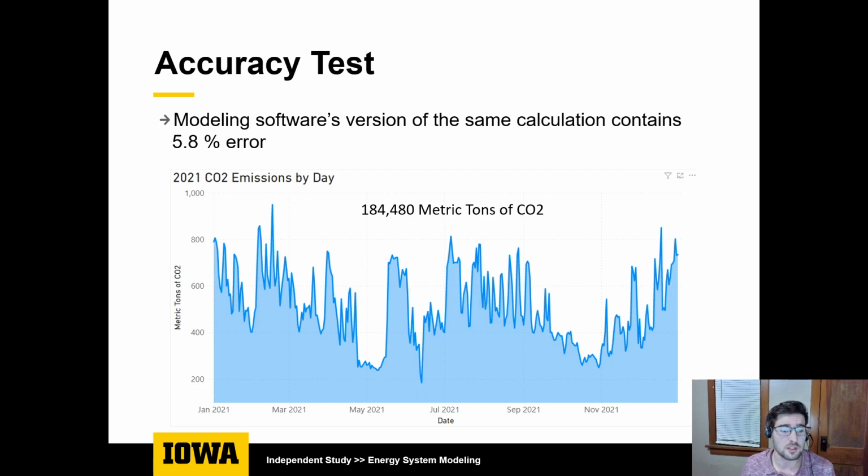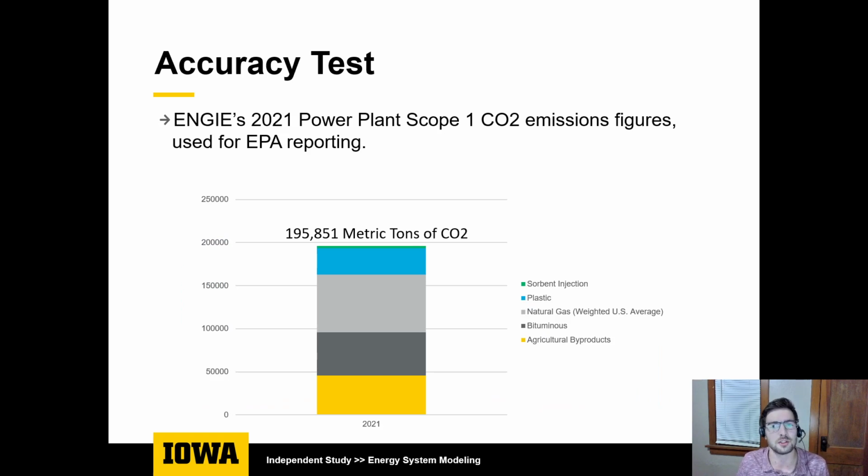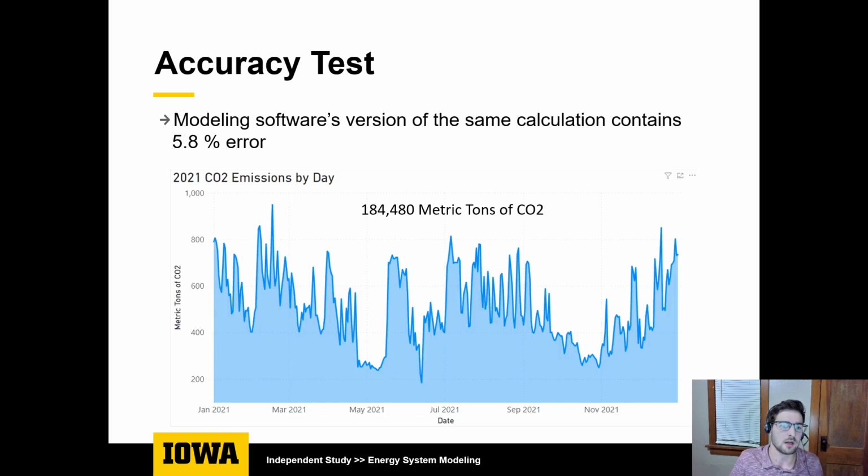Our system produces 184,480 metric tons of CO2, so about 5.8% error. But the good news about our system is the difference in resolution. So the resolution for this number is once per year. ENGIE produces these numbers, and our system can produce this at any resolution.